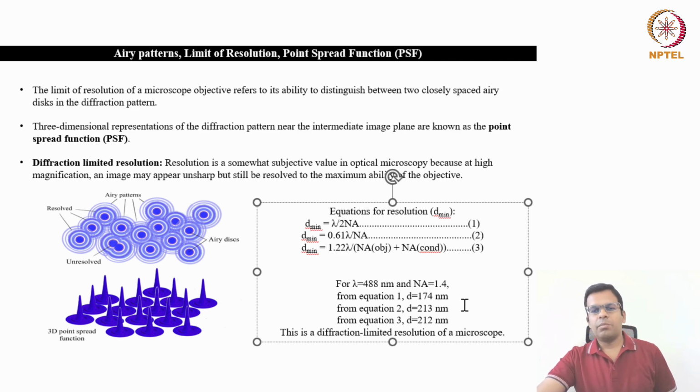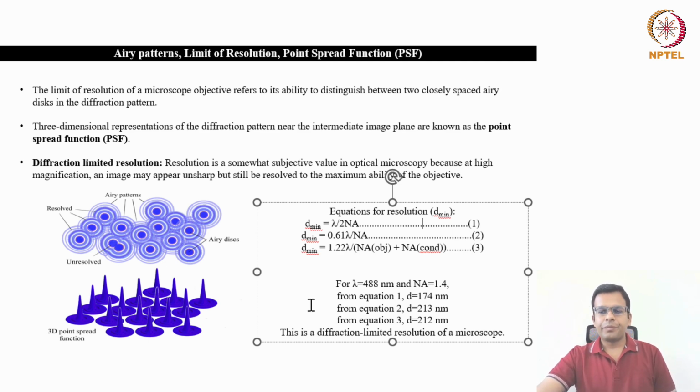Let's say my point source of light is just 10 nanometer in size. The image that I will get will be 212 nanometer, not actually 10 nanometer, because I am going to see the diffraction pattern of that object, not the real image.